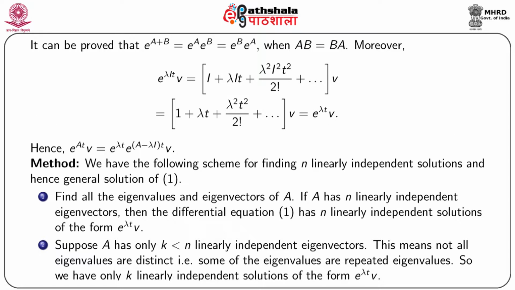It can be proved that e to the power A plus B is equal to e to the power A times e to the power B, which is equal to e to the power B times e to the power A when AB is equal to BA.